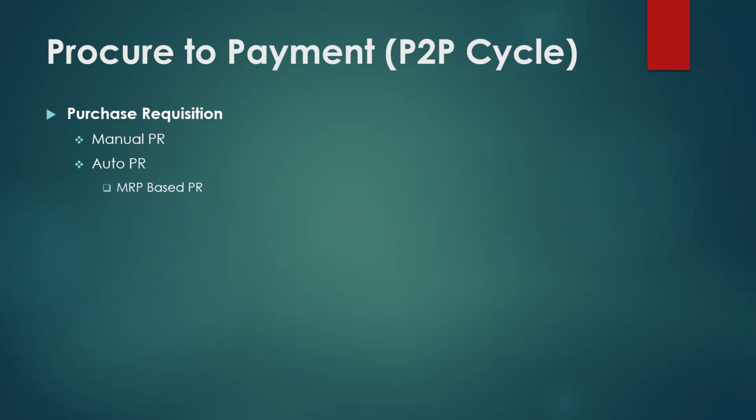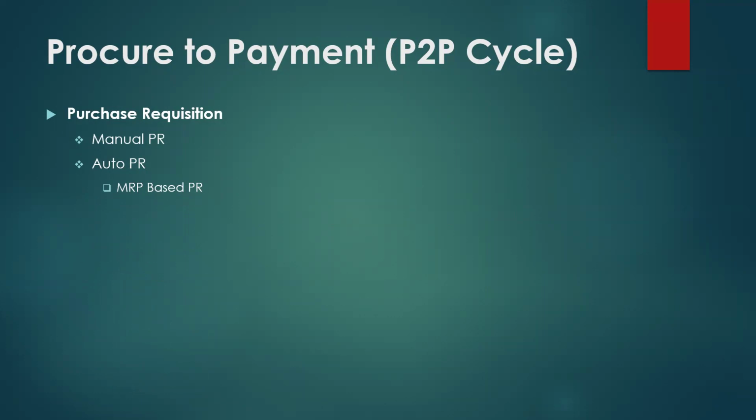The auto purchase requisition is based on MRP. The MRP based PR is another topic we will explain in coming classes. I will give one more video on MRP in coming classes.